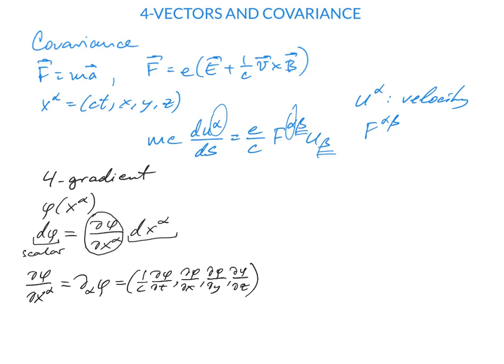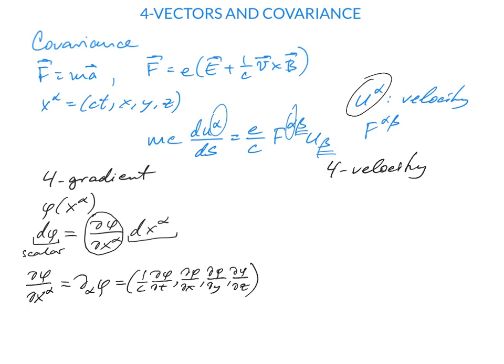Now, another thing that we'll need is a definition of a 4 velocity. I've already mentioned it above. Let's define this quantity. We want a 4 vector that represents the rate of change of the coordinates. Now, how can I make something like that? I cannot differentiate with respect to time, because time is not a 4 vector.